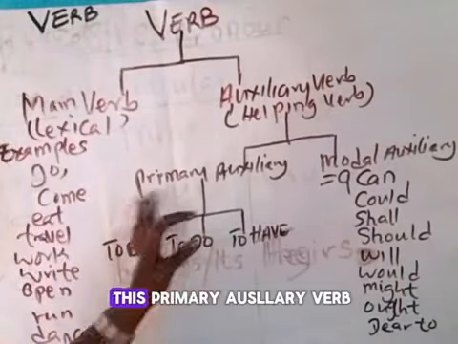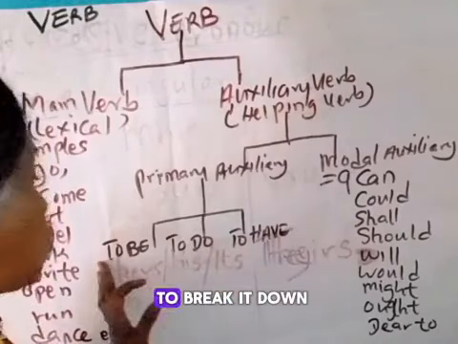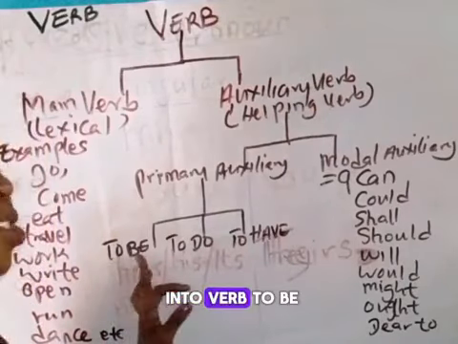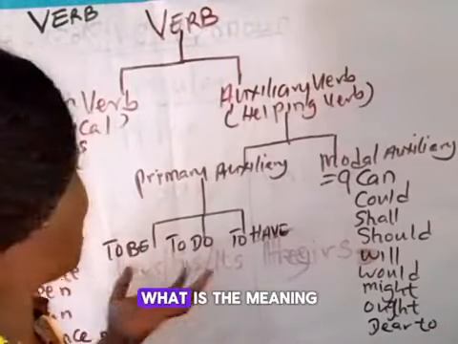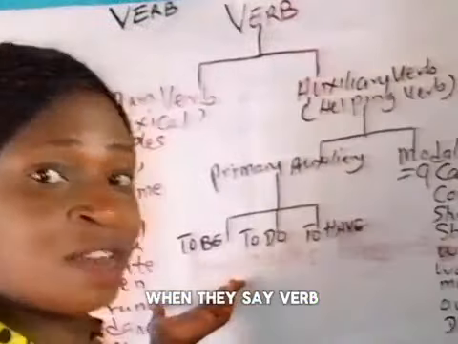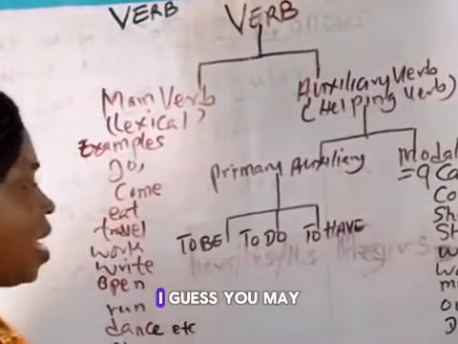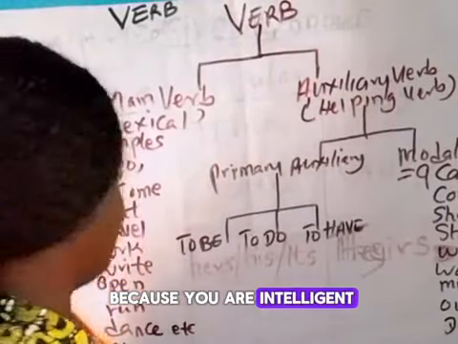And moving on to this primary auxiliary verb, do you think it's over? Let's break it down into verb to be, verb to do, and verb to have. What is the meaning of verb to be? Do you understand it when they say verb to be? I guess you may, because you are intelligent.